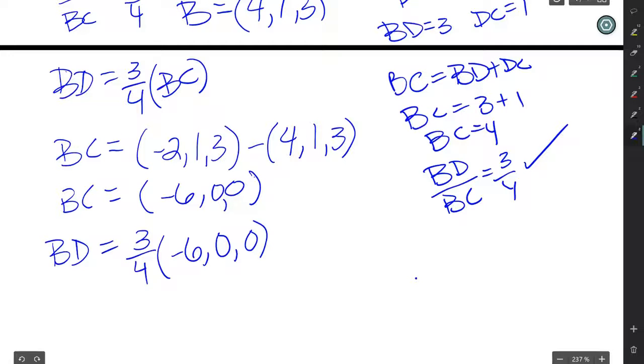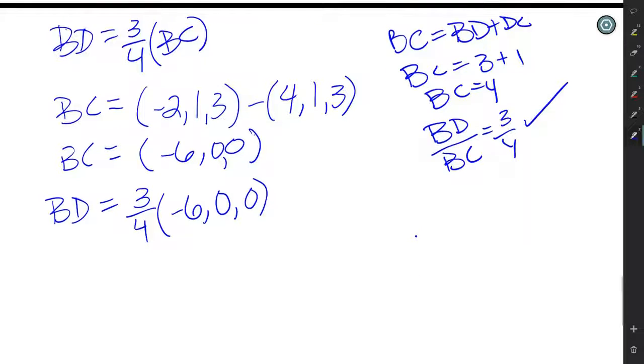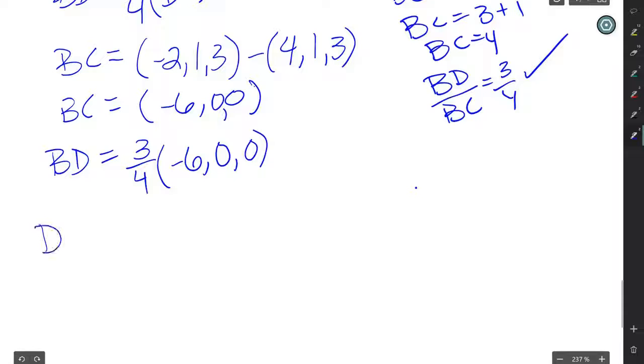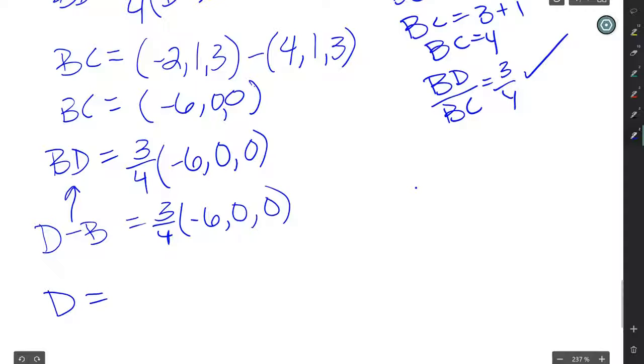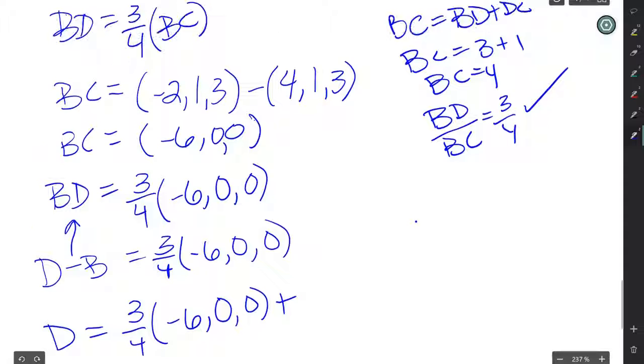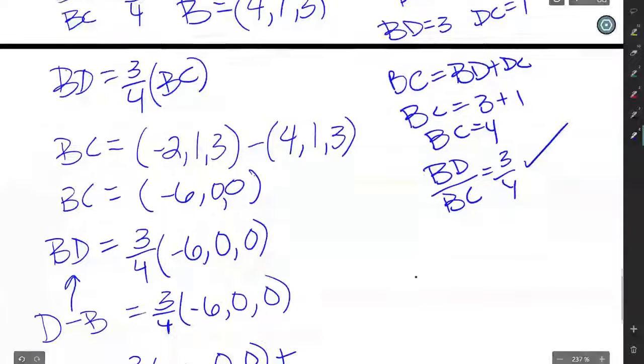Now, they want me to find the coordinates of point D. So thinking back, I know that D minus B would be the same thing as vector BD, and that's going to equal 3/4 times -6, 0, 0. Adding B to the other side, I get D is 3/4 of -6, 0, 0, plus vector B, which looking back, B was 4, 1, 3.